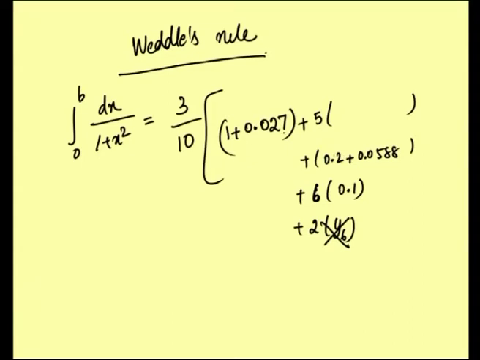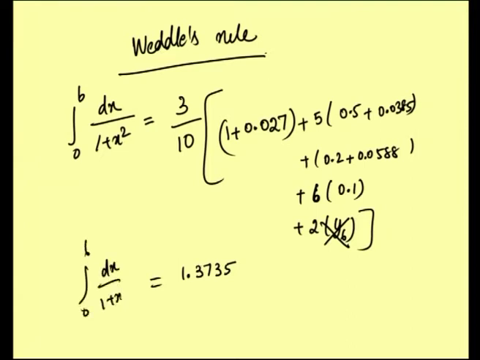When these 5 values are taken, the remaining 2 values left out are 0.5 plus 0.0385. Okay. The 2 into y6, y6 is accounted as last, therefore it will not be taken into account, and after careful calculation the value comes to be equal to 1.3735. So this is the answer by Weddle's rule.